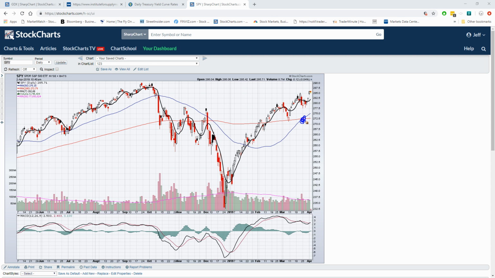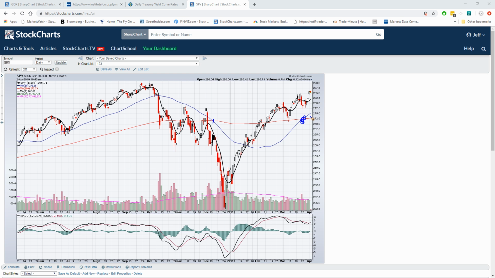I don't look at this as a buy signal or a sell signal when it goes the other way, like right back here. But when stocks have this 50 rising and trading above a rising 200, the stocks tend to go higher. When it's inverted, the stocks tend to go lower, just on a longer-term basis.